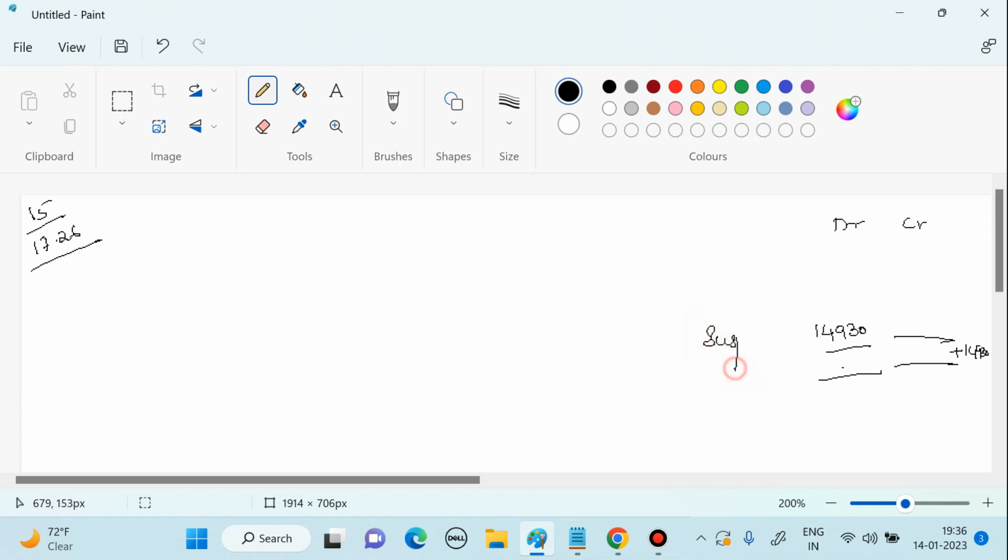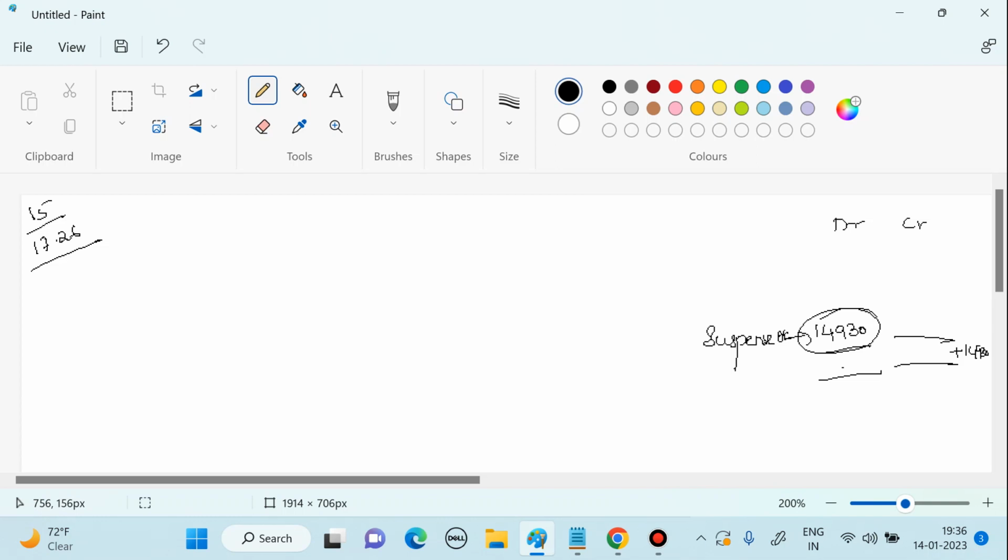So the suspense account would have a debit balance of 14,930. Is that clear? Yes, ma'am. Balance did not match and 14,930 being excess credit means suspense account has a debit balance.